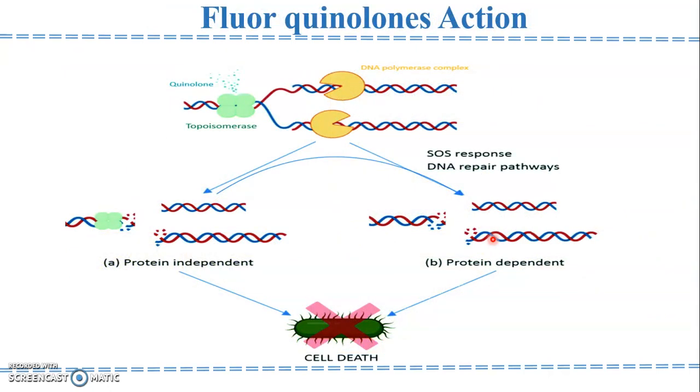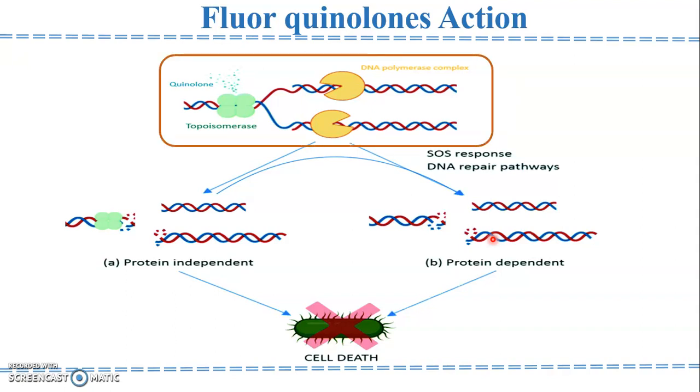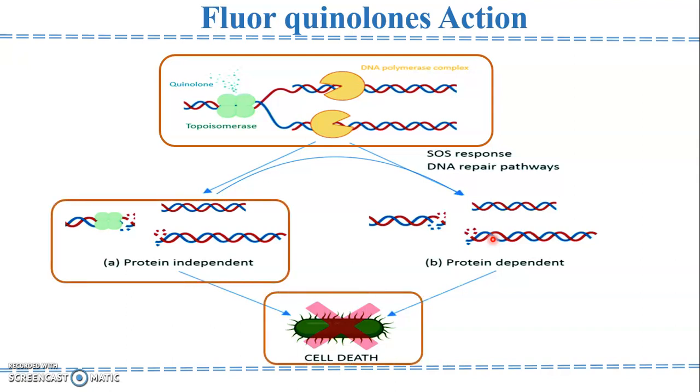Fluoroquinolones are currently used to treat a variety of human infections caused by different bacterial families. It works by blocking the synthesis of DNA by its fixation on topoisomerase, leading to the death of the bacteria.